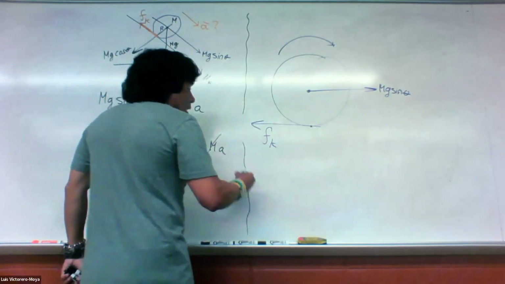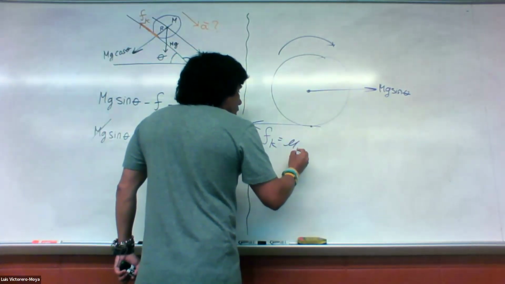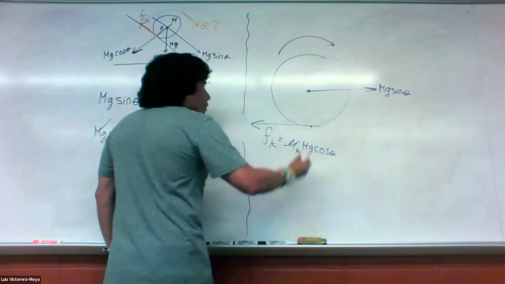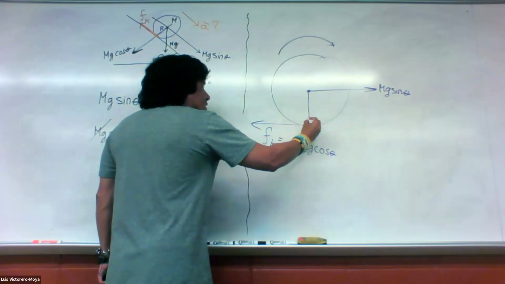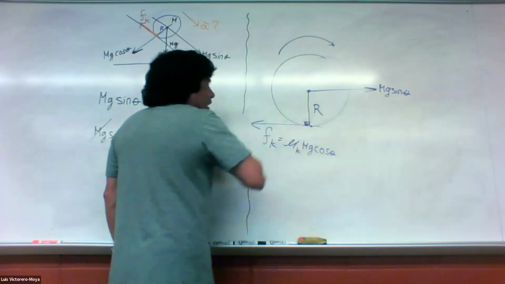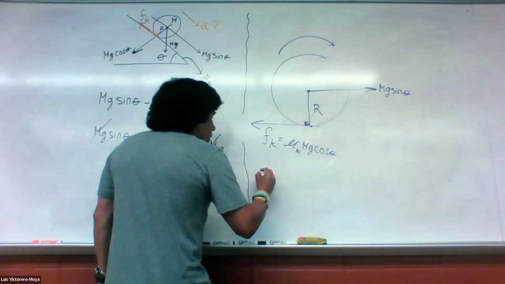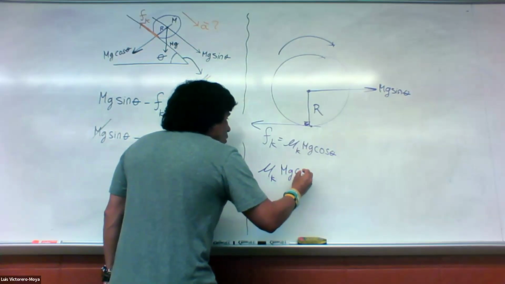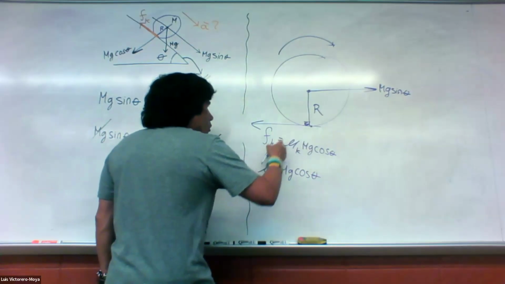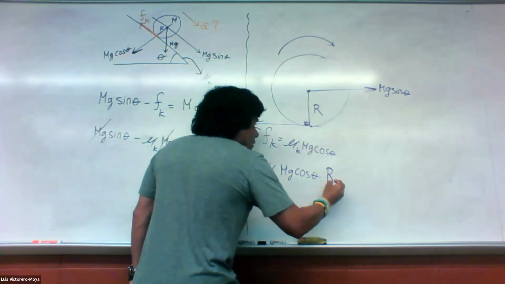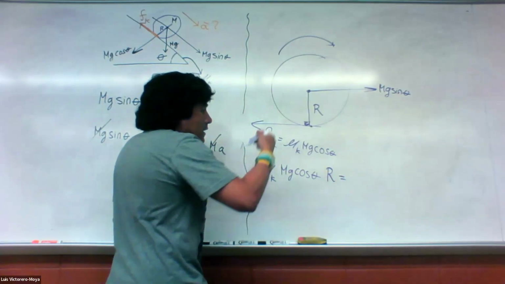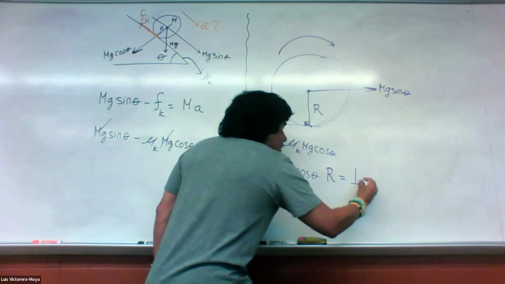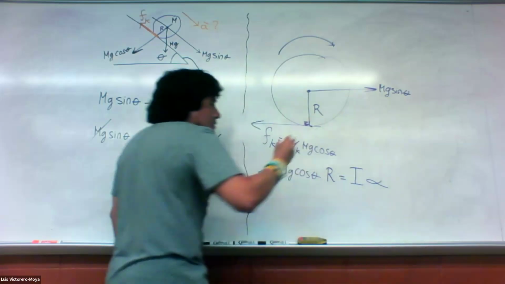But we know Fk. That's mu k mg cosine theta. And we know the distance to the axis. That's 90 degrees. Convenient, right? Radius. So mu k mg cosine theta, force times radius, that's torque, that's equal to what? Moment of inertia times alpha.